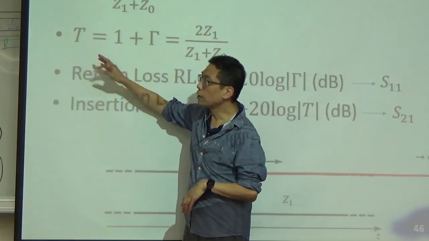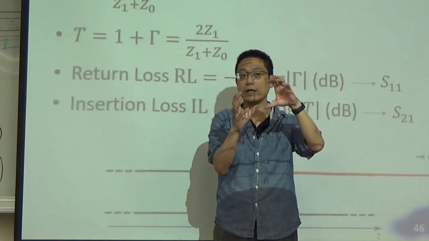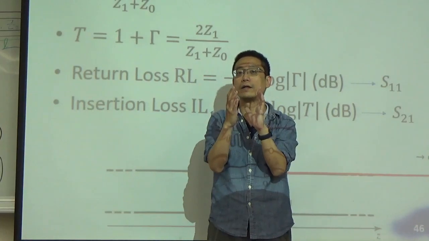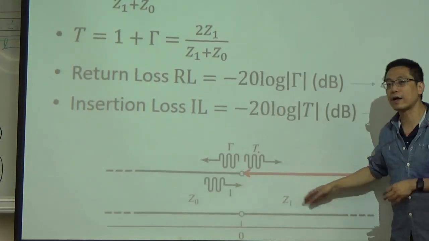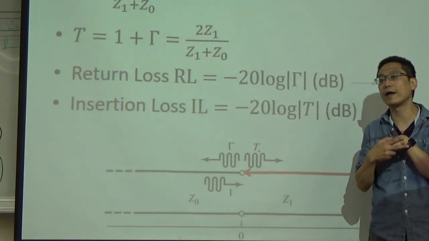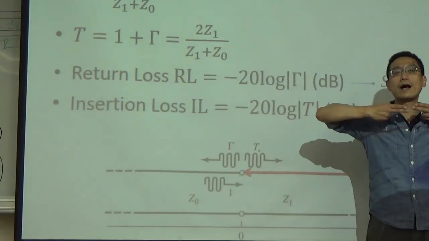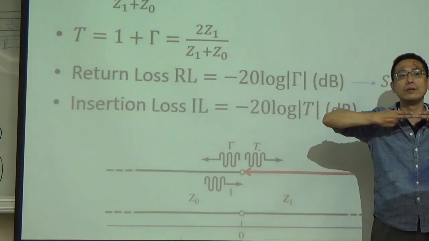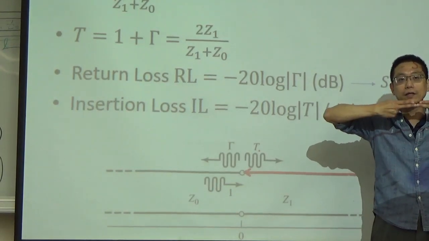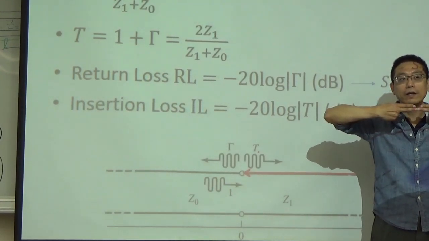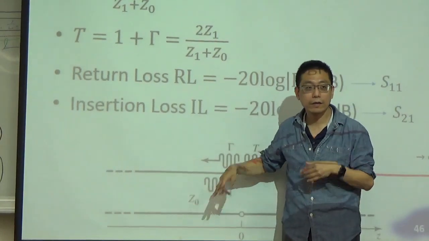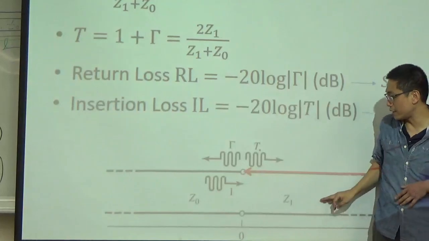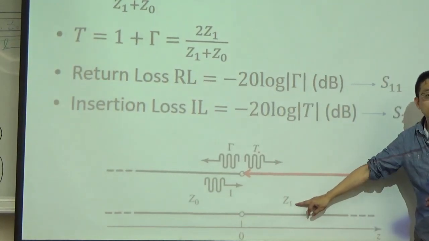And if your load is not the only end, and there is another transmission line connected to your transmission line, it's like you connect two infinitely long transmission lines to each other. For the first transmission line it is Z0, and the second transmission line here is Z1.